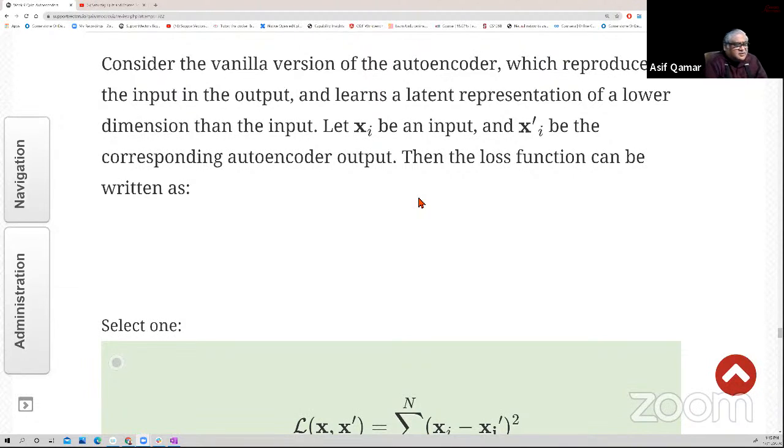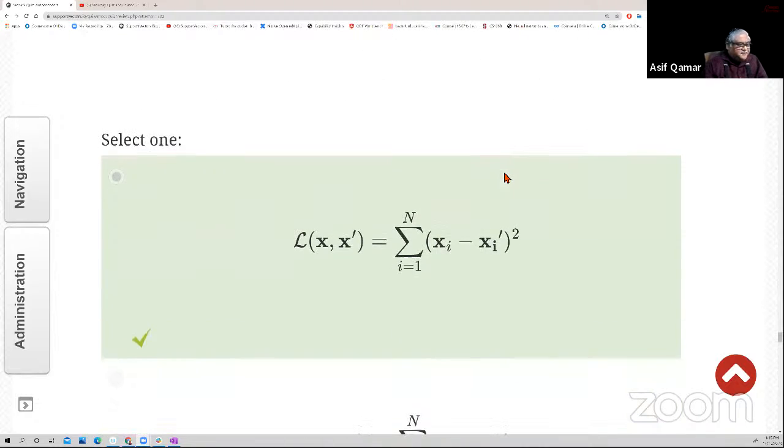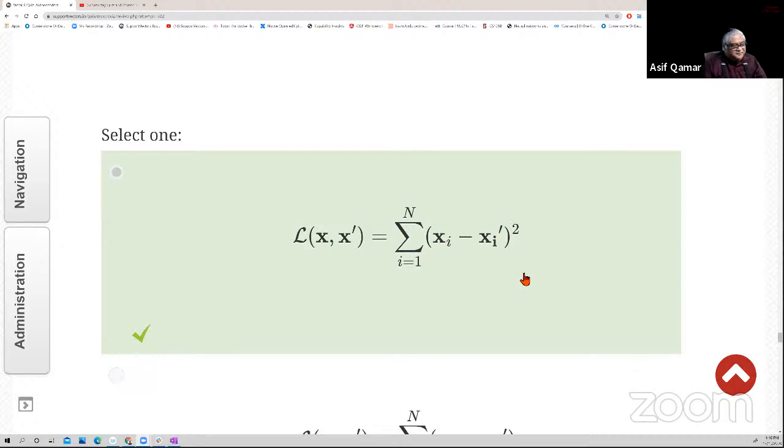Consider the vanilla version of the autoencoder, which reproduces the input in the output and learns a latent representation of a lower dimension than the input. Let xi be an input and xi prime be the corresponding autoencoder output. Then the loss function can be written as, well, this is just remembering the loss function, right? There's nothing magical here. This is reconstruction loss. So you compare a thing with its reconstruction. Oh, there's a typo. I don't know why it became cap bold, but xi minus xi prime squared.